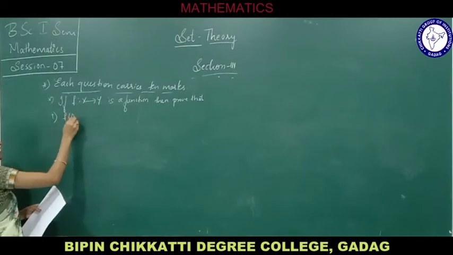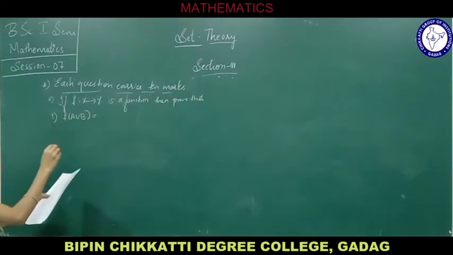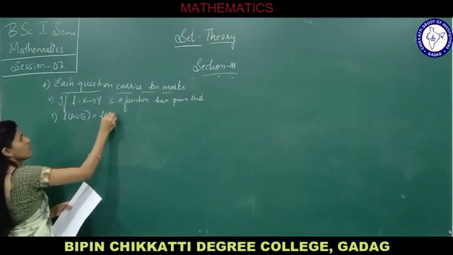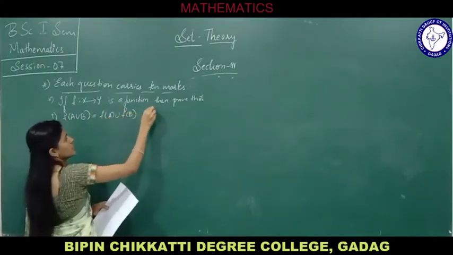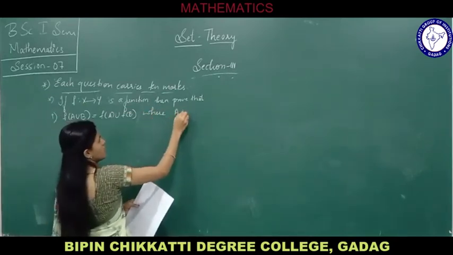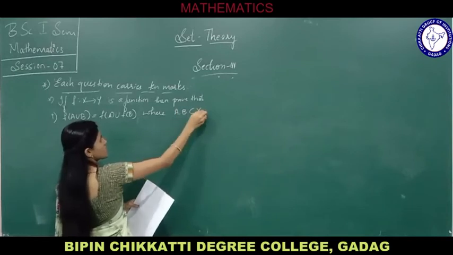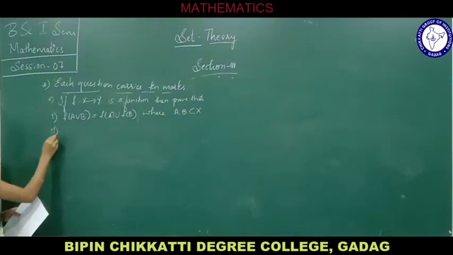We need to prove f of A union B is equal to f of A union f of B, where A, B are subsets of X. And then what about the second one we have?